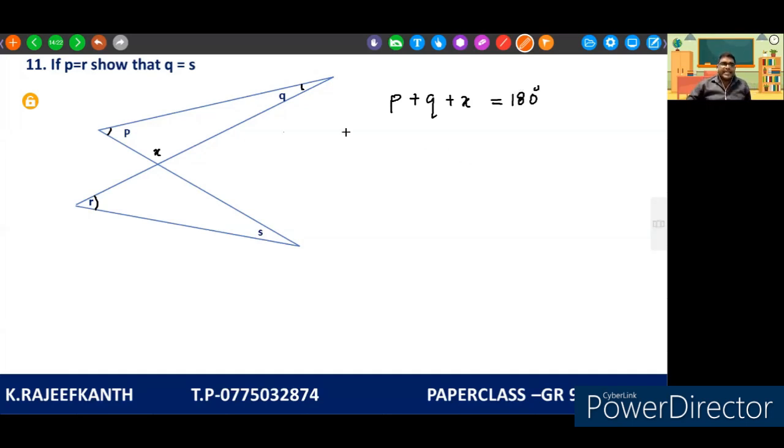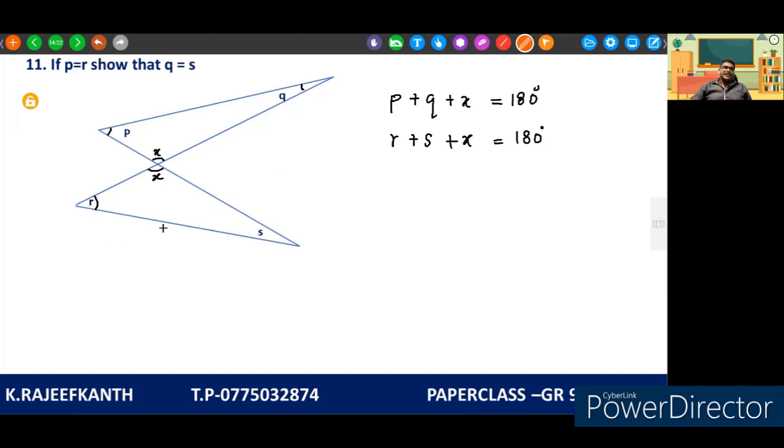In the second triangle, if this is X, this is also X because these two are vertically opposite angles. So now we can write R plus S plus X is equal to 180, because those three angles are interior angles of this triangle, and the sum of interior angles of a triangle is 180. So first we wrote P plus Q plus X is equal to 180.